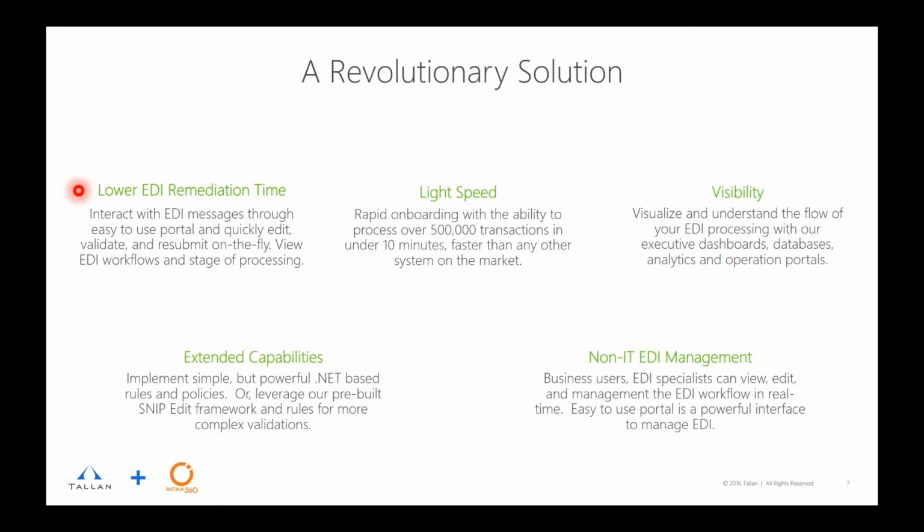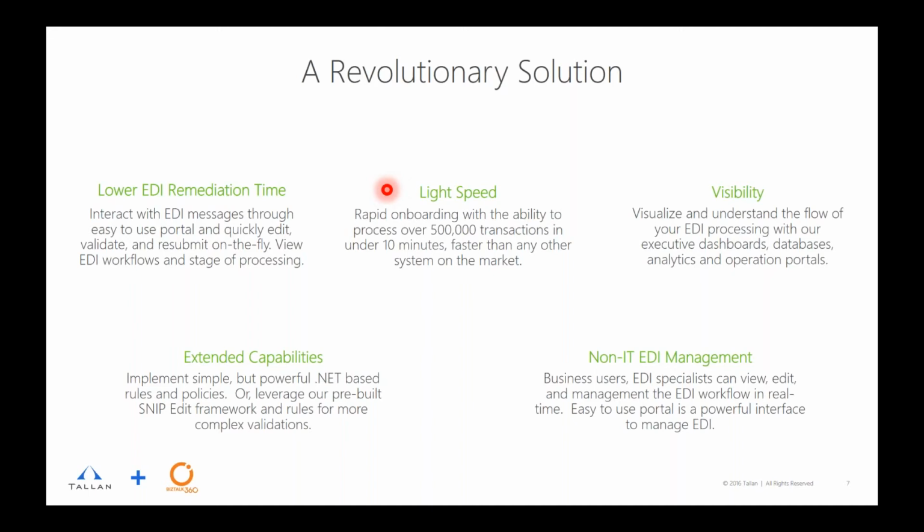So now you can use our portals, do some quick smart searching of claim IDs, order IDs, and quickly get to the message. You can identify the error, edit it right from the screen, and resubmit it on the fly. So we wanted to be able to quickly interact, identify, and remediate that EDI message.